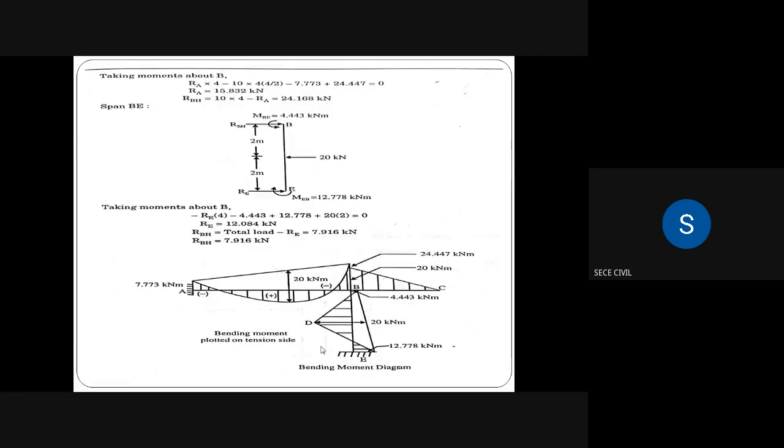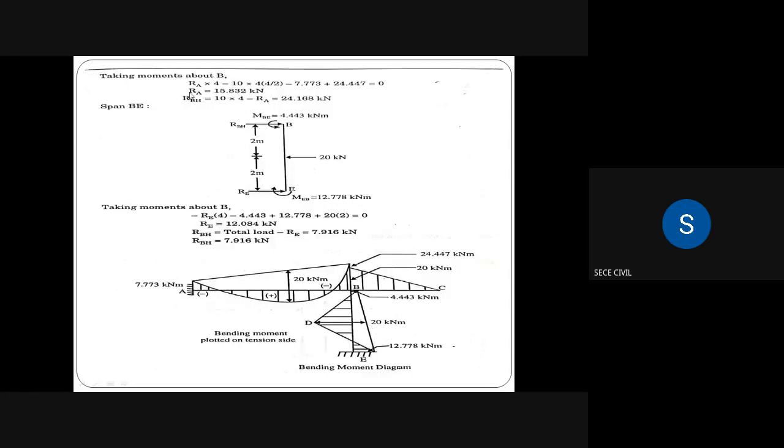We take moments about point B to calculate RA. Moment about point B: because of RA we have a positive moment, so RA into 4. Because of the UDL we have an anti-clockwise moment, so minus 10 into 4 into 4 by 2.